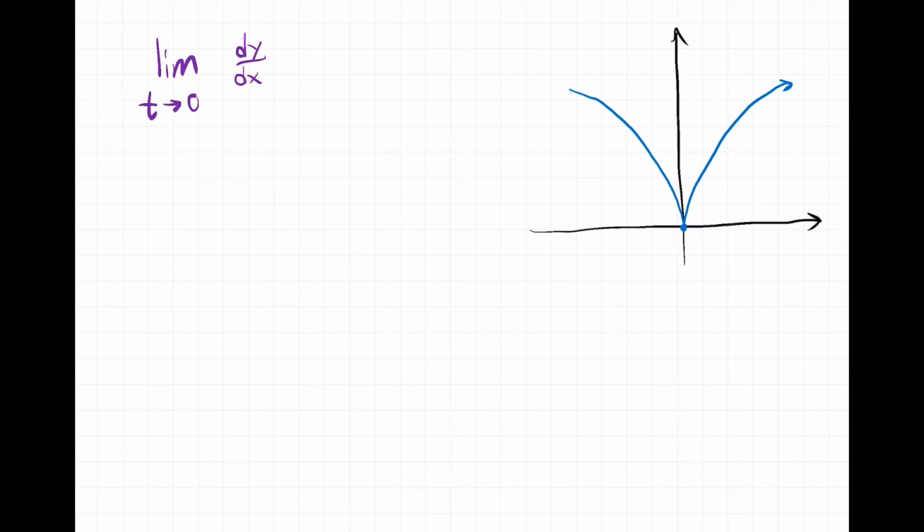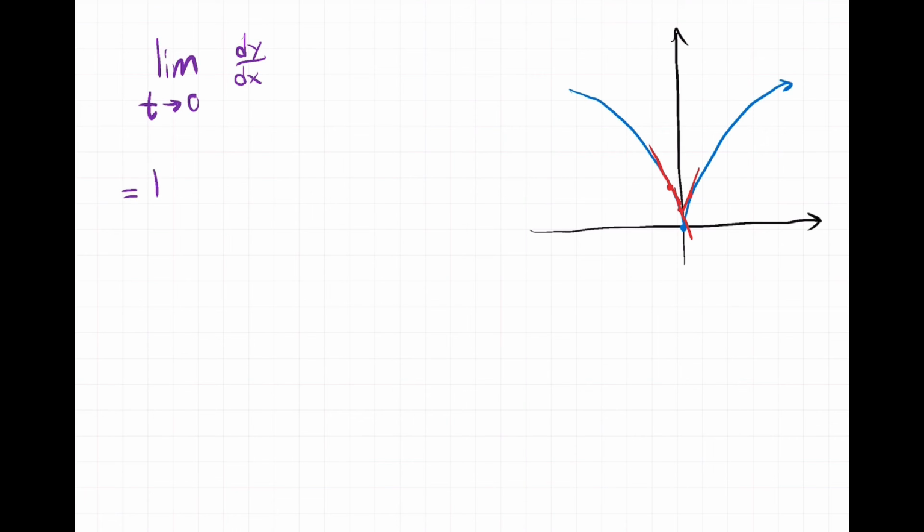What I can do is look at points close to this point and look at the slope of those tangent lines. And what I'd like to know is, are those tangent lines approaching a vertical line, or are they approaching something else? Is it different on each side? That's what I'd like to know. So let's work this out.